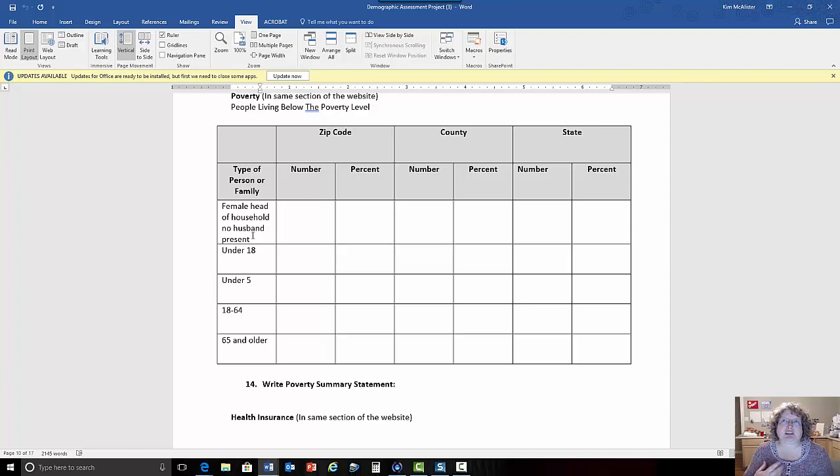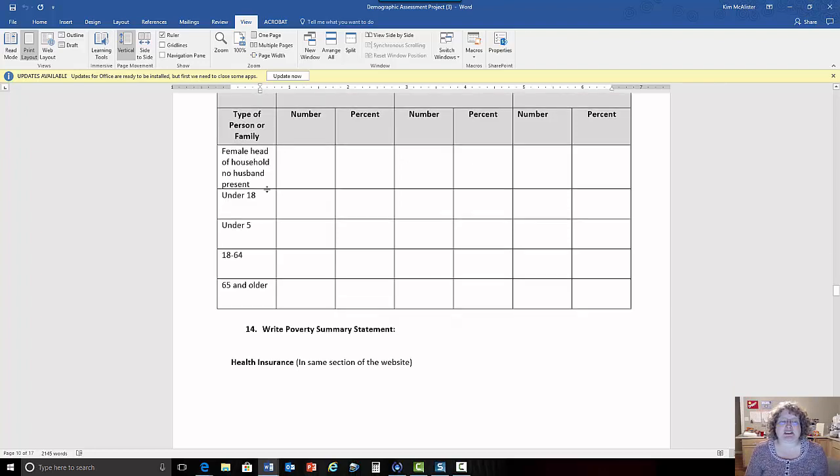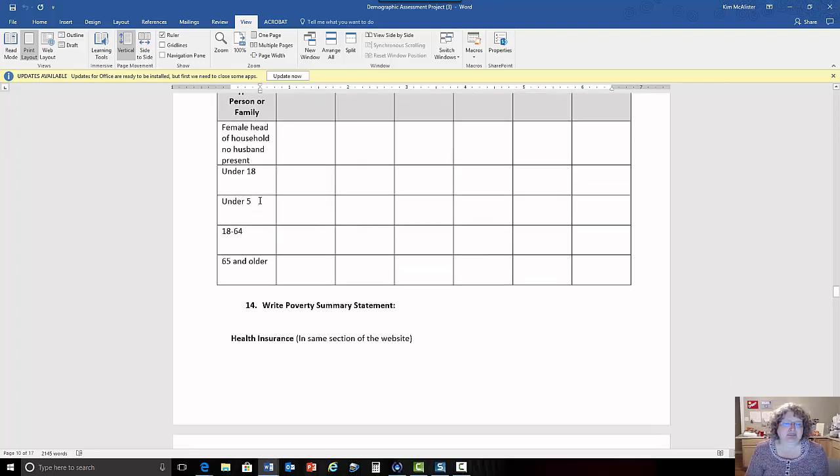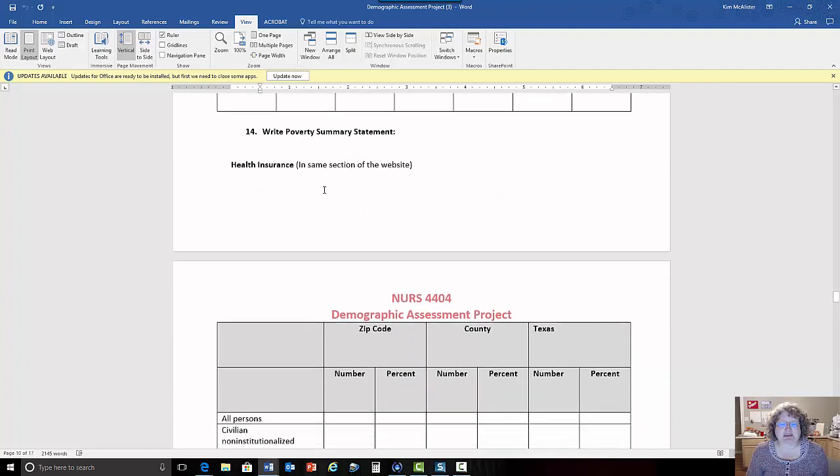The largest numbers of single people who have children and live in poverty are usually women. And so this has a big impact on the health of that child, and this is someplace that we need to funnel resources to help people in this situation so that they get the goods and services that they need to thrive. And so then you would write a poverty summary statement here.